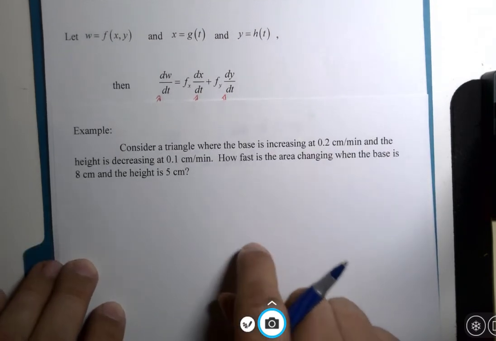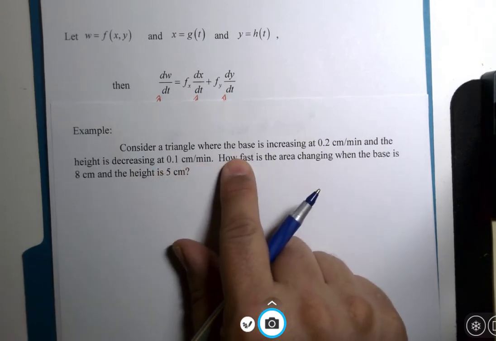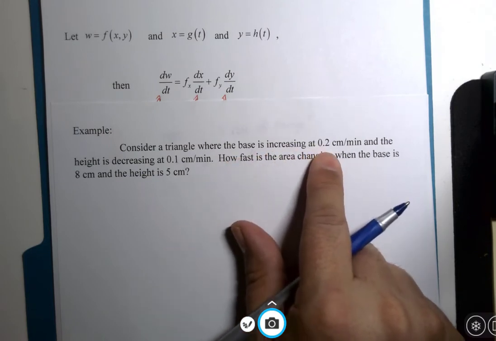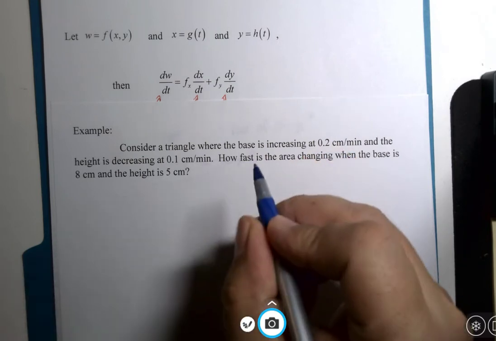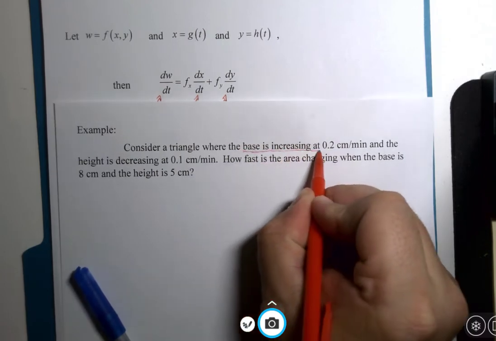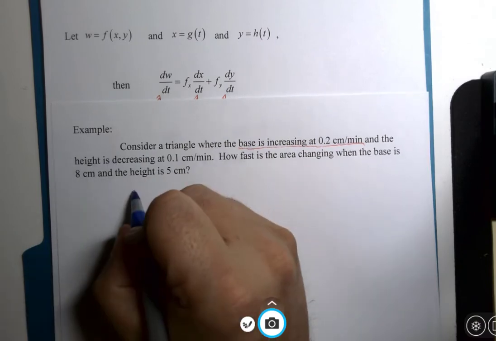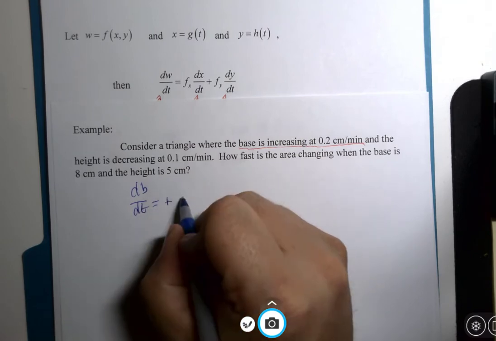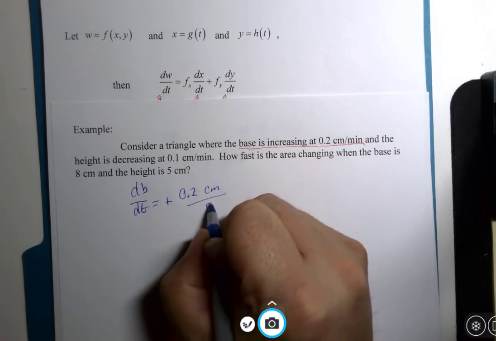All right, so let's say we have a triangle and the base is increasing at 0.2 centimeters per minute or 2 millimeters per minute. That phrase alone, the base is increasing at that speed, could be written as dB dt is a positive 0.2 centimeters per minute.